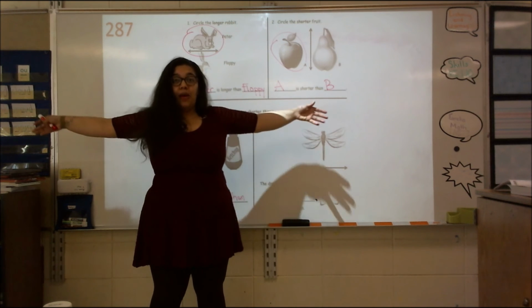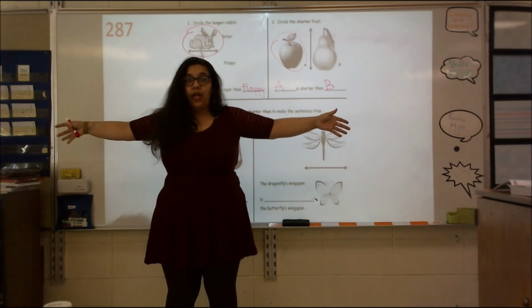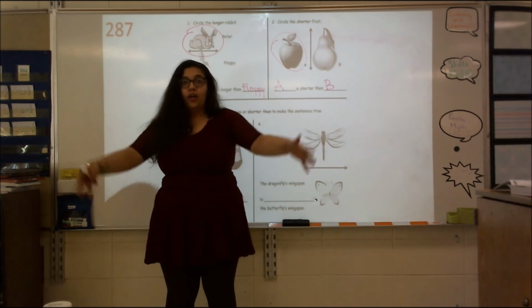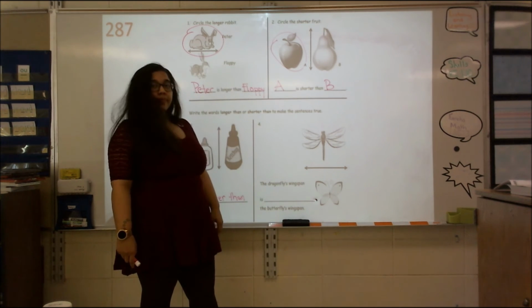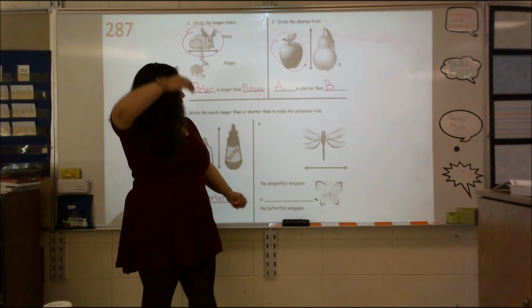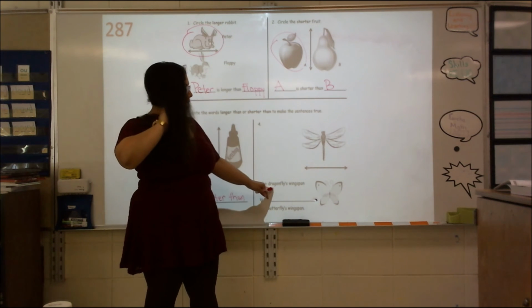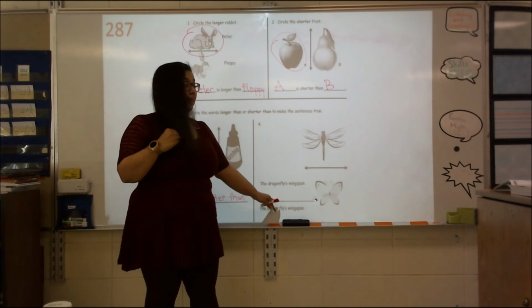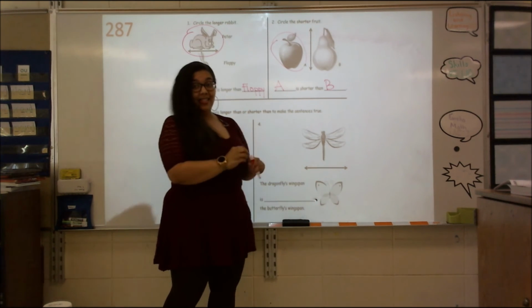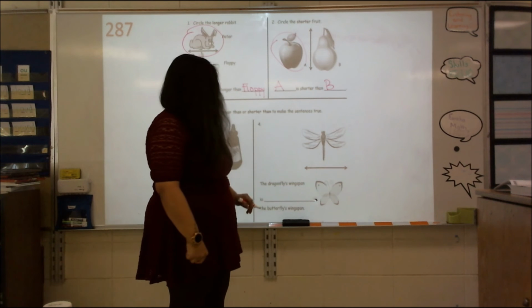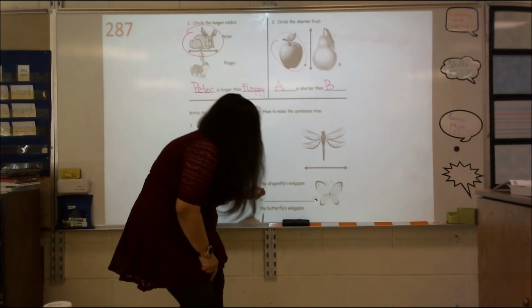So their wingspan, the span of their wings, from wingtip to wingtip, how wide? Which one is wider, dragonfly or butterfly? Dragonfly, good. So with the question stating the dragonfly's wingspan is blank, what makes that true? Longer than. This is the longer than example.